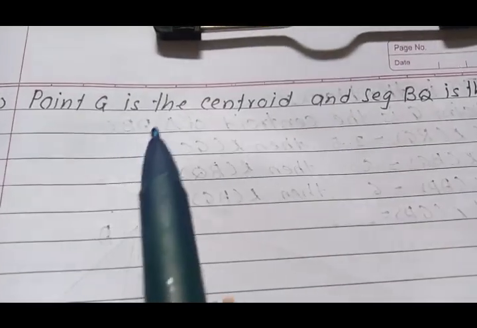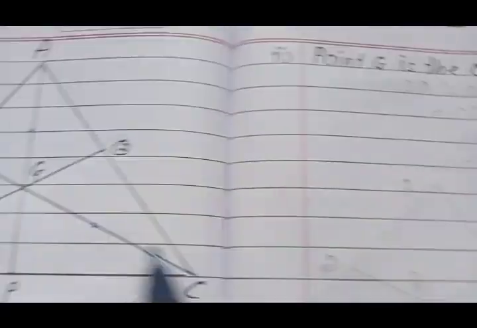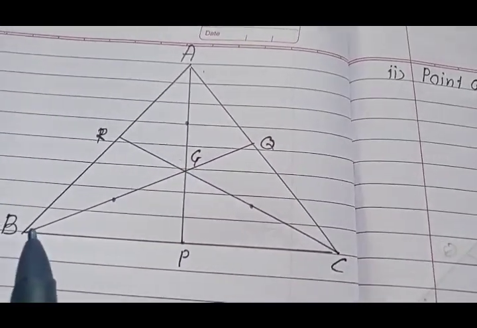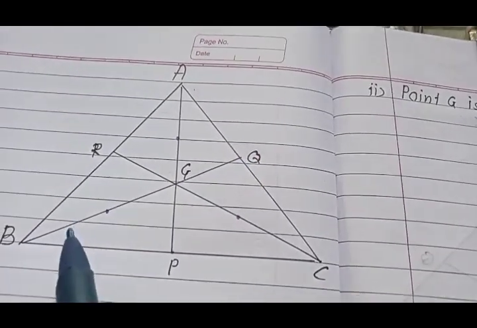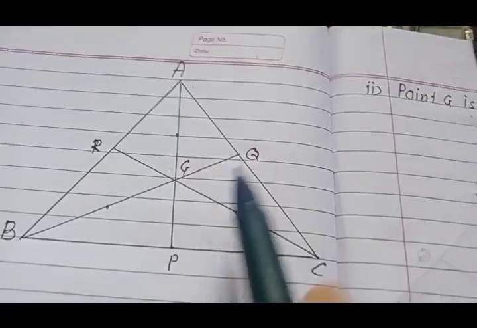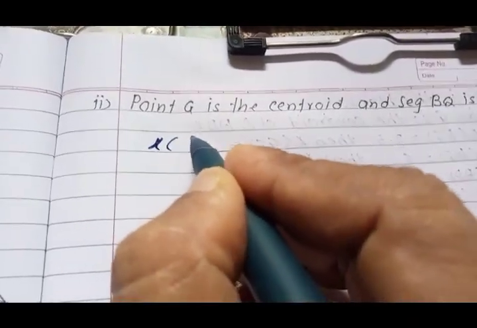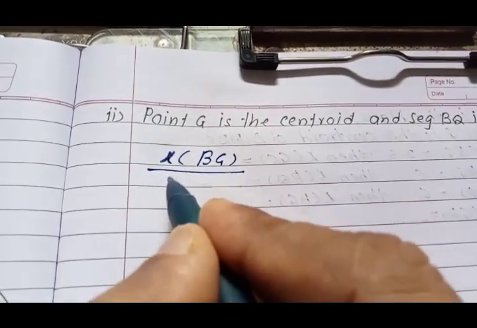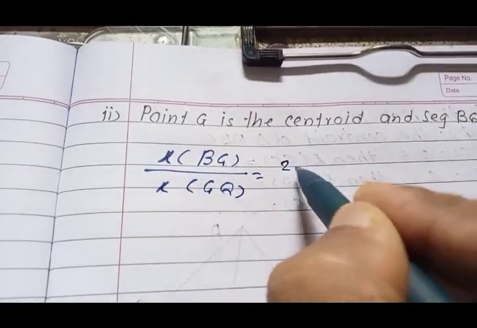Number 2. Point G is the centroid and segment BQ is the median. So length BG upon length GQ equals 2 upon 1.